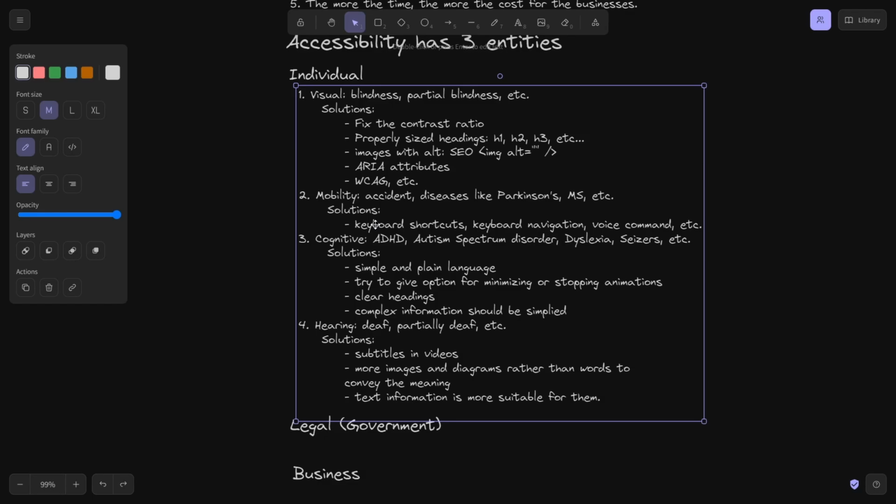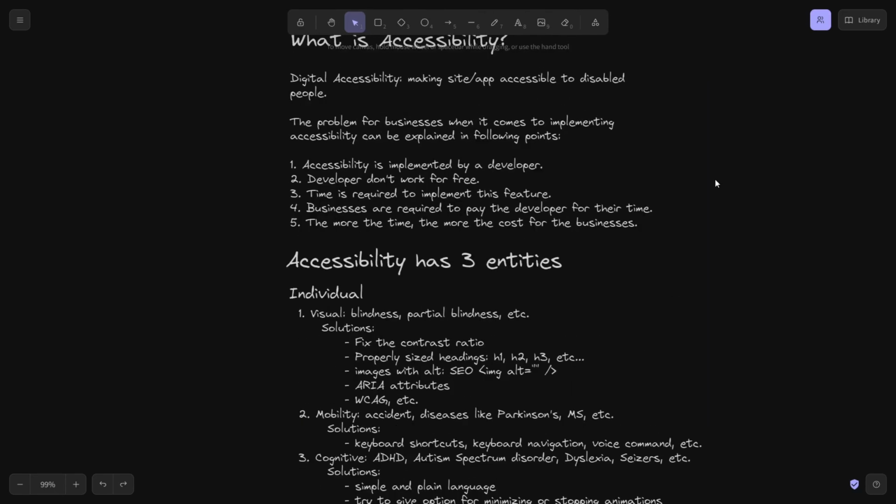The rest has to be done in sync with them in terms of user feedback, and constant improvement of the site is a process in accessibility, which is why accessibility is a very time consuming problem, which is also why businesses try to avoid it.